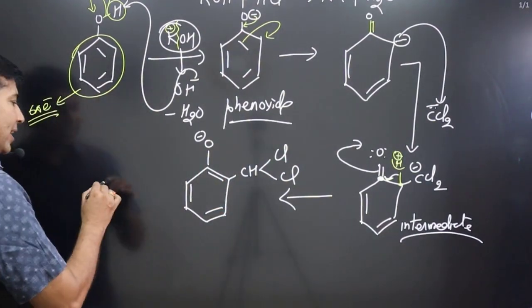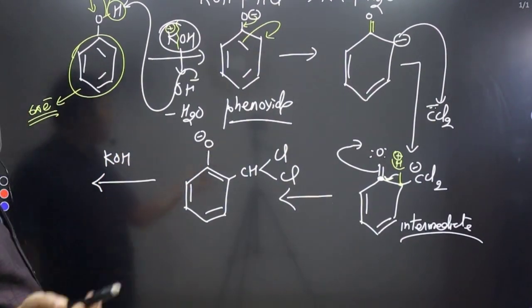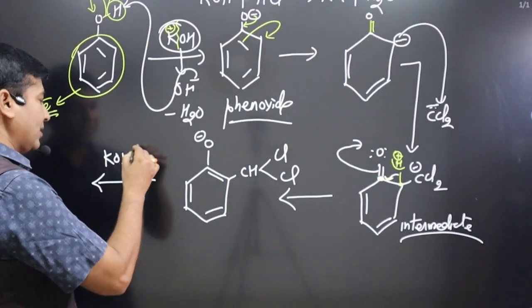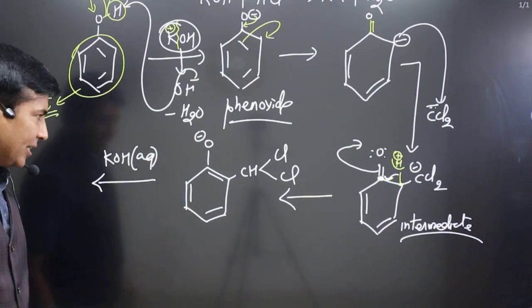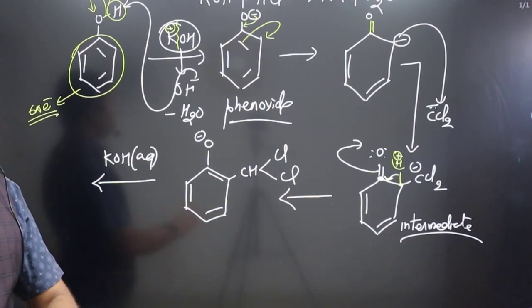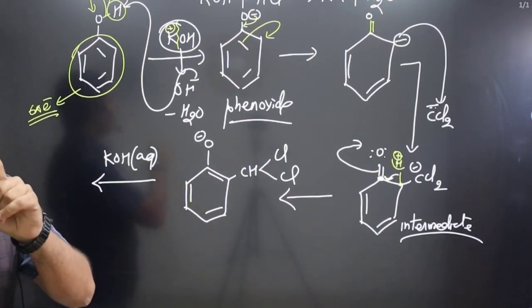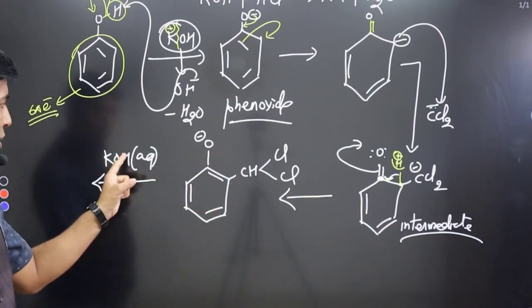As I said, the presence of a strong base will always be there, since a water molecule is also liberated during the reaction. So we have aqueous potassium hydroxide. You can see alkyl halide reacting with potassium hydroxide in aqueous medium. It is an example of what? Nucleophilic substitution reaction. Cl will be substituted by OH group.